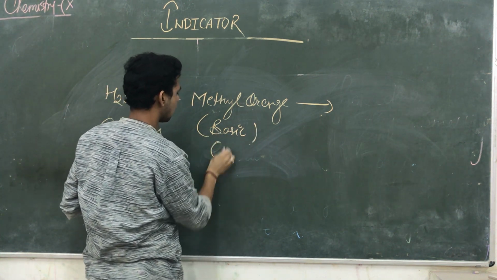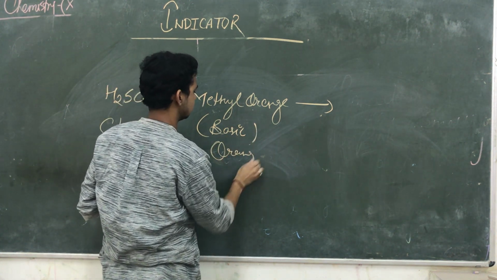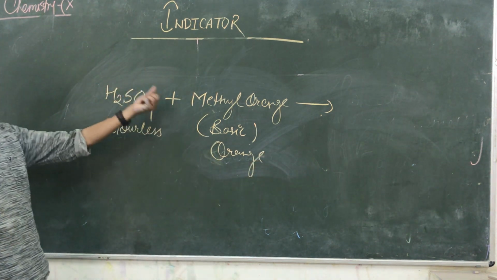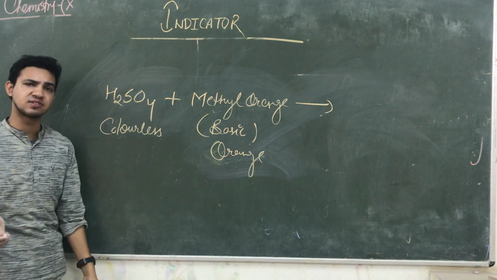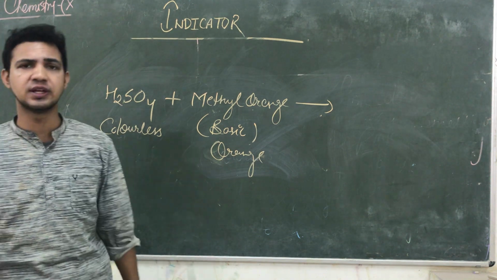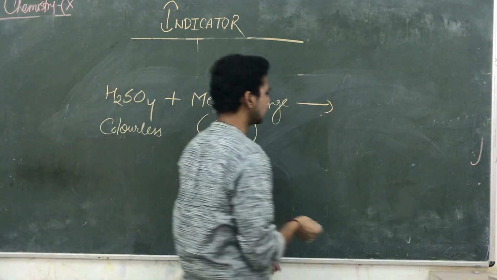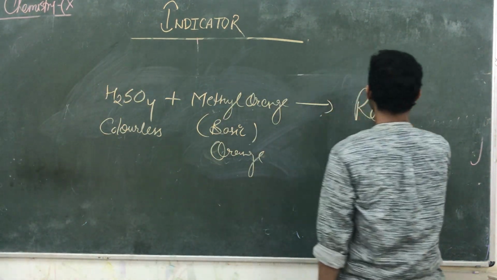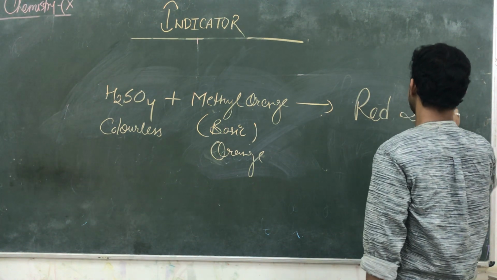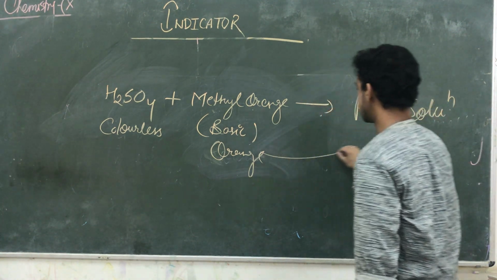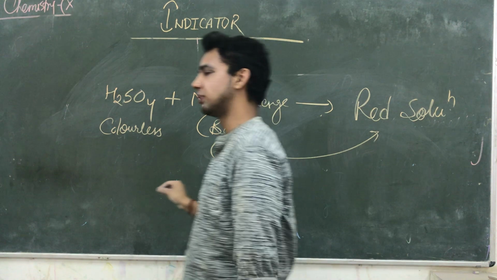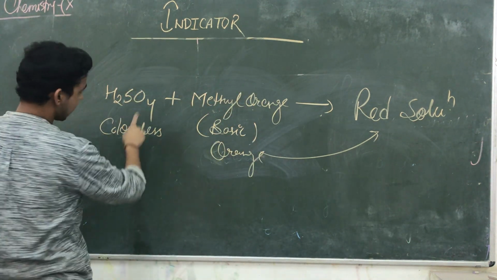Orange. If we add a few drops of methyl orange to any acid, H2SO4, HNO3, HCl, it immediately changes color and converts into a red solution. So the orange solution converts into a red solution, which means the given substance is an acid.